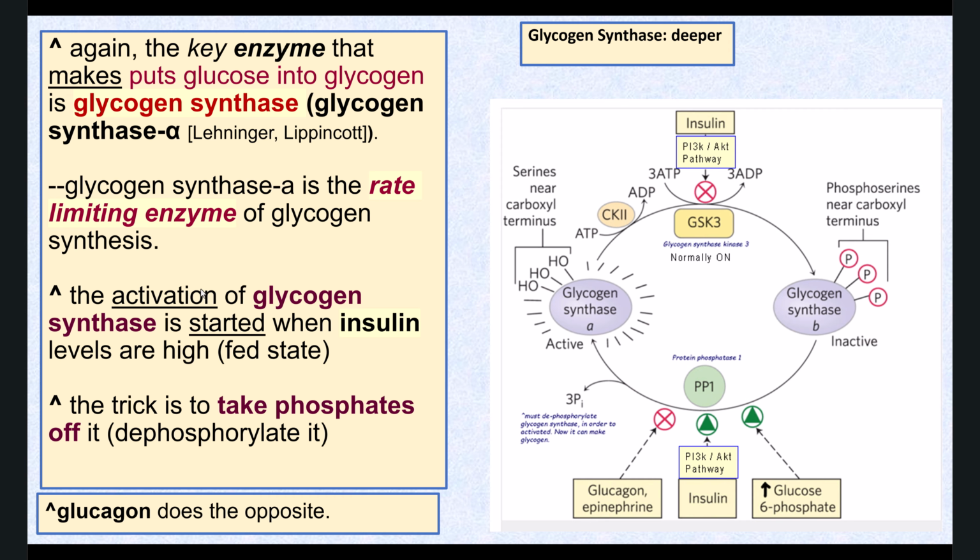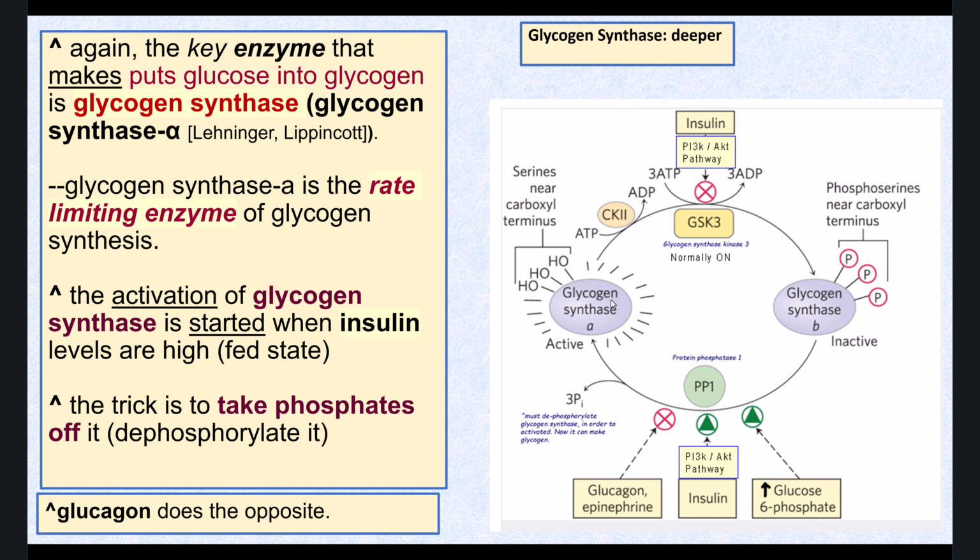And the activation of glycogen synthase is started when insulin levels are high, because we need insulin to turn off the inhibitor GSK3, and we need insulin to wake up PP1. PP1 will then bind to this and knock off those phosphates. Once these phosphates are off, we have an active form.